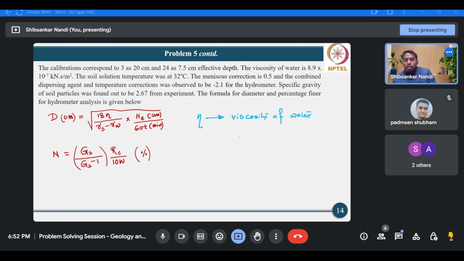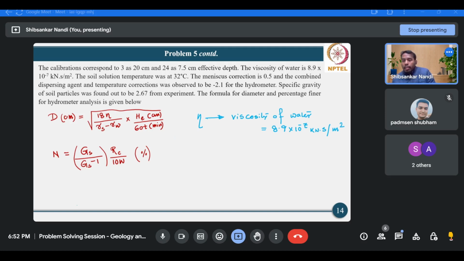The viscosity of water is given as 8.9 into 10 to the power minus 7 kilonewton second per meter square.